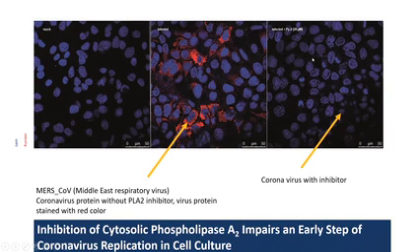And then here are the same cells that were infected with just as much coronavirus, but they added the phospholipase A2 inhibitor. So none of the red stuff is there, meaning there's no infection or almost none. There could still be some, but there's very little. It's not visibly demonstrated like it is in the cells that are infected with the virus but are not given the phospholipase A2 inhibitor.